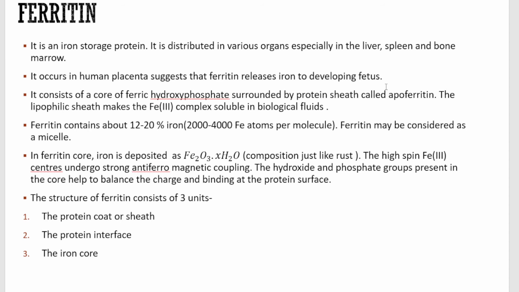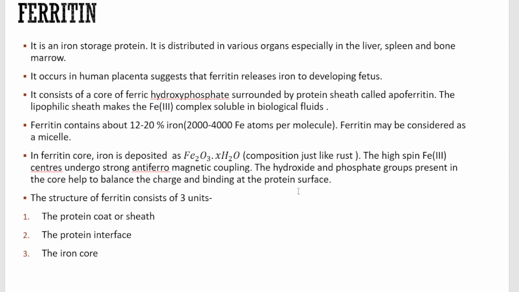We have already studied the importance of iron and how it is required for the growth and development of different organisms. So ferritin is that protein which can store iron in it, and it is also released from the mother to the fetus. It is present in the human placenta of the mother, where it is released to the developing fetus. So, what is the structure of ferritin?